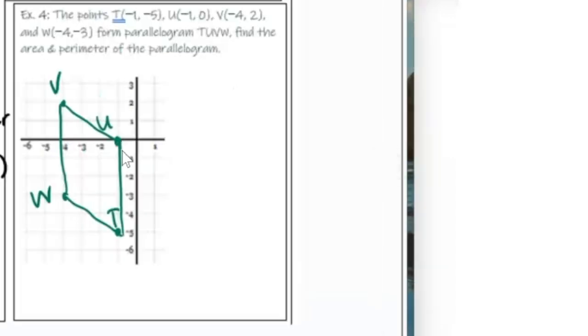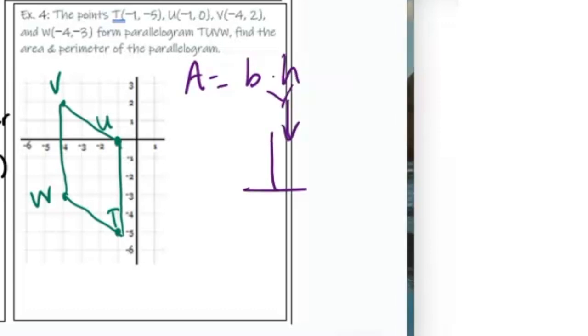The area of a parallelogram is base times height. Remember, base and height have to meet at 90 degrees, so you have to fool around with the shape to see what you can call your base and your height. If I call this slanted line my base, my height has to be 90 degrees to that, and I can't draw it that way because I can't count diagonally.